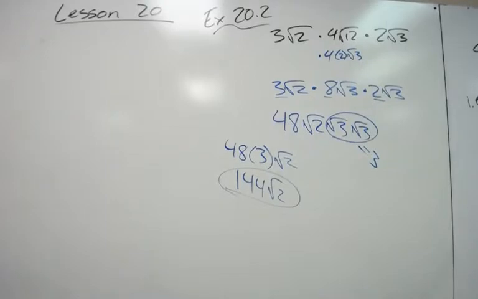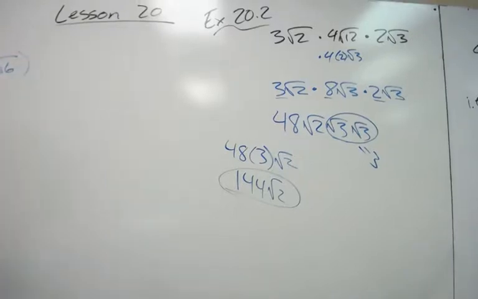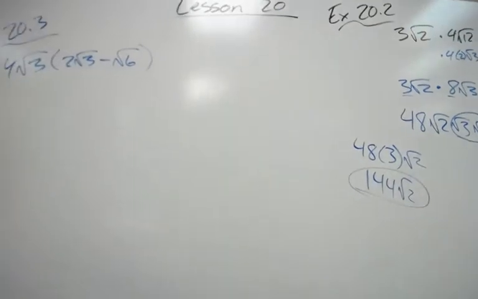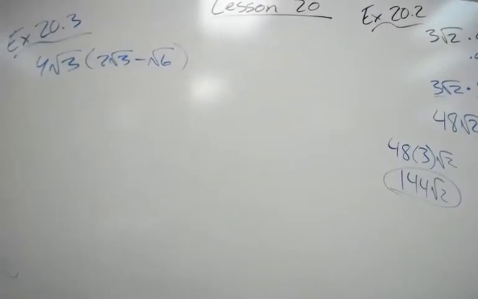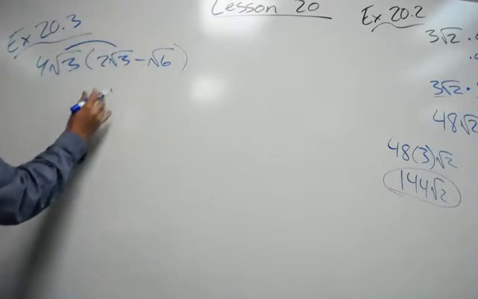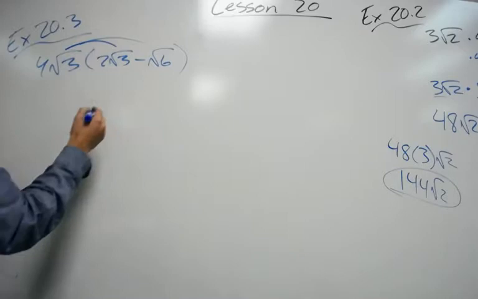Let's look at one more example for radicals. Example 20.3 is 4 radical 3 times 2 radical 3 minus radical 6 inside parentheses. So hopefully you guessed it. Yes, you're going to distribute. We're going to distribute and multiply the 4 radical 3 by both.